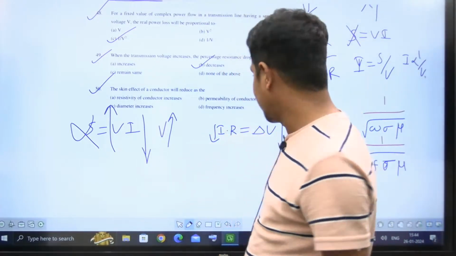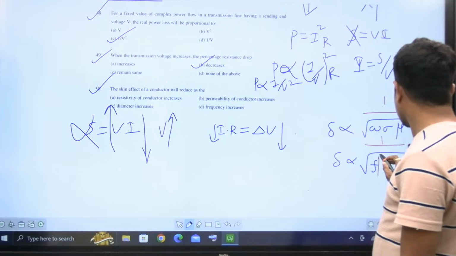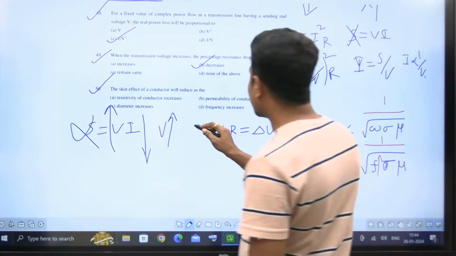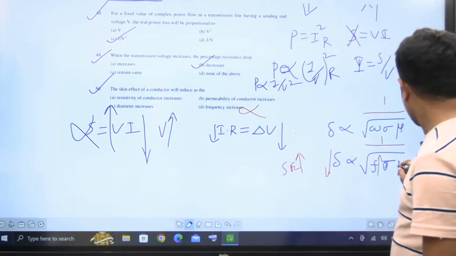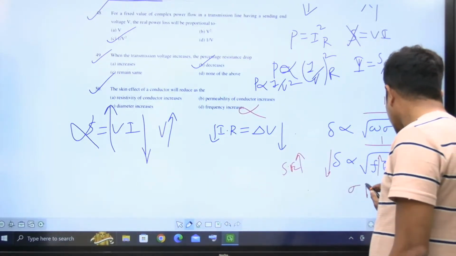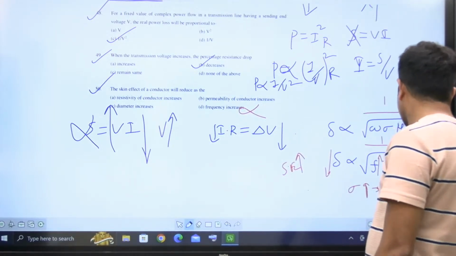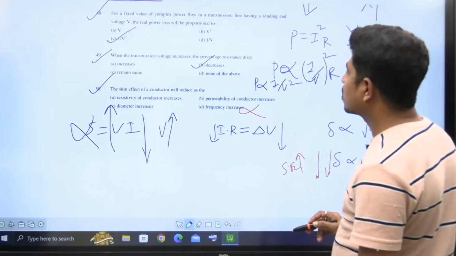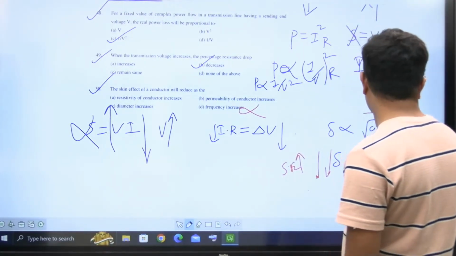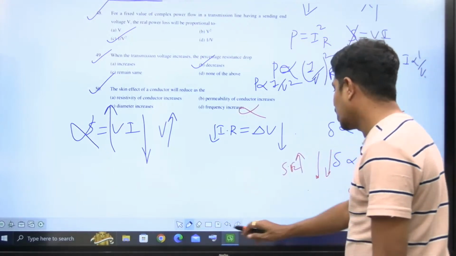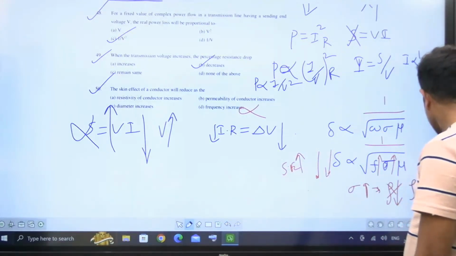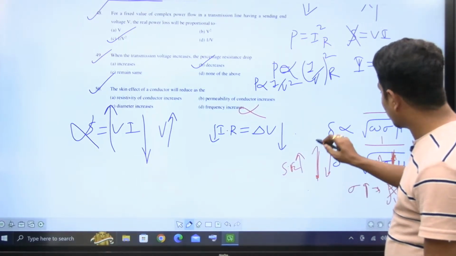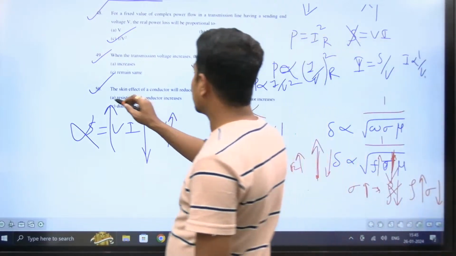More is skin depth, less is the skin effect. If frequency is increasing, delta will decrease, skin effect will increase. Therefore, increase in frequency, no. If sigma is increasing, sigma increases means rho decreases, delta will decrease. Now what is the question? Resistivity of the conductor increases. Resistivity is increasing, conductivity is decreasing. If sigma is decreasing, then delta is going to increase, then skin effect is going to decrease. So option is A.